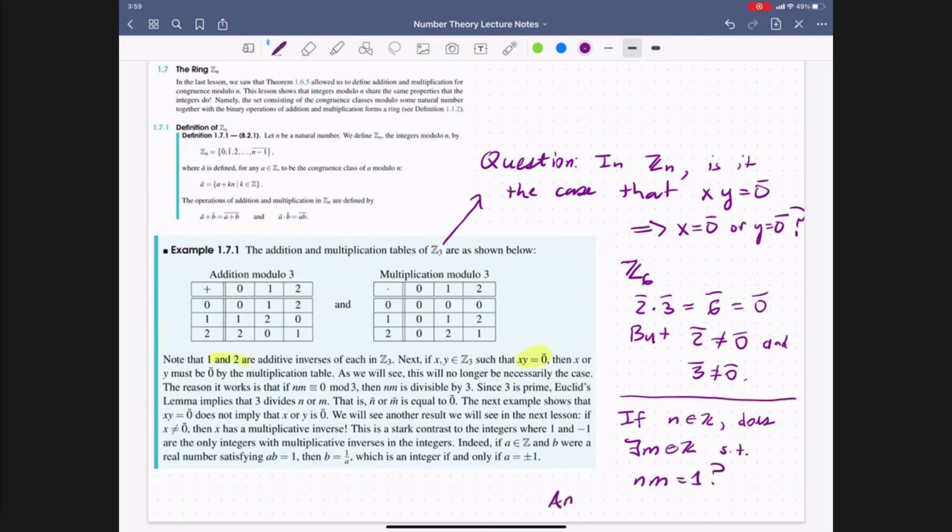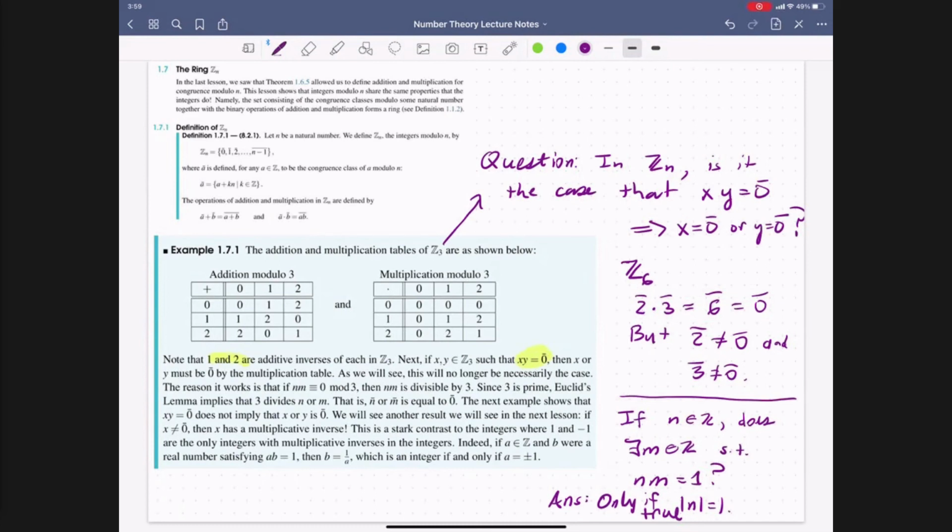And the answer here is, well, only if n and m are 1 themselves. Because what happens if we have 2? For this to be true, if 2 times m is equal to 1, then m must be 1/2. That's not an integer. So this is only true if the absolute value of n is equal to 1. In the integers it has to be plus or minus 1.